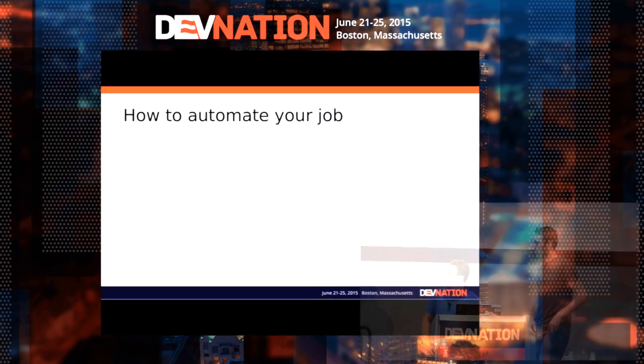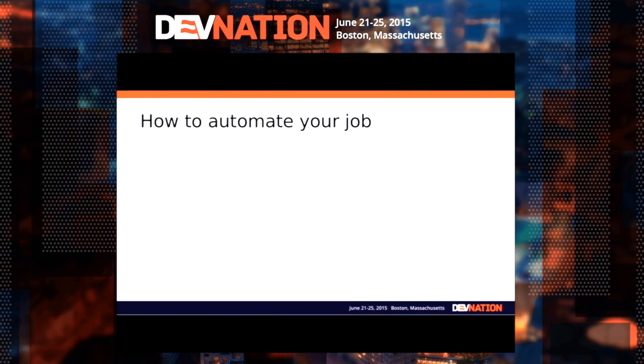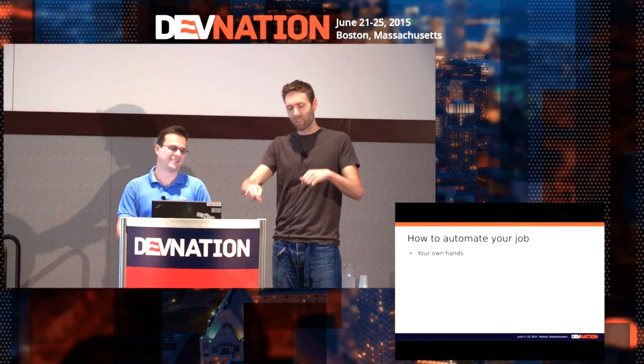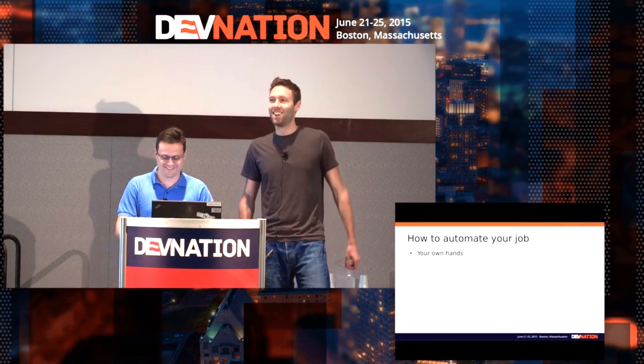Right. So there are some steps on how to automate your job. What can you do to make it faster and more productive? Well, one of your first options is to do it with your own hands. Like you copy and paste the code and you have it done. Yeah, you just sort of let your eyes fade into dullness and just hit the keyboard over and over again until you're bloody.